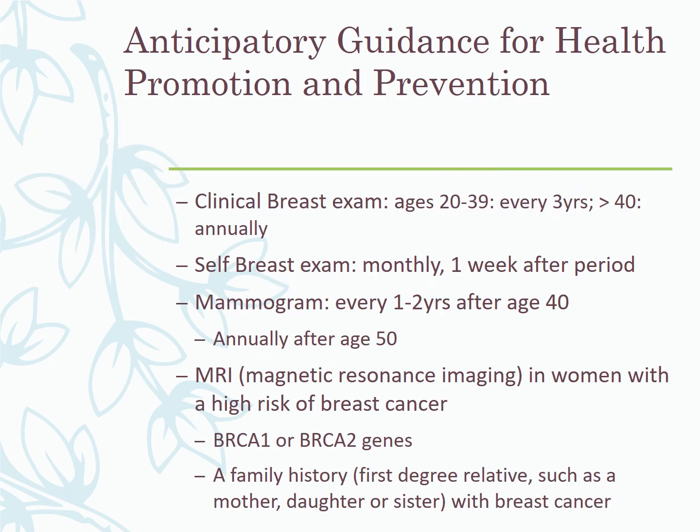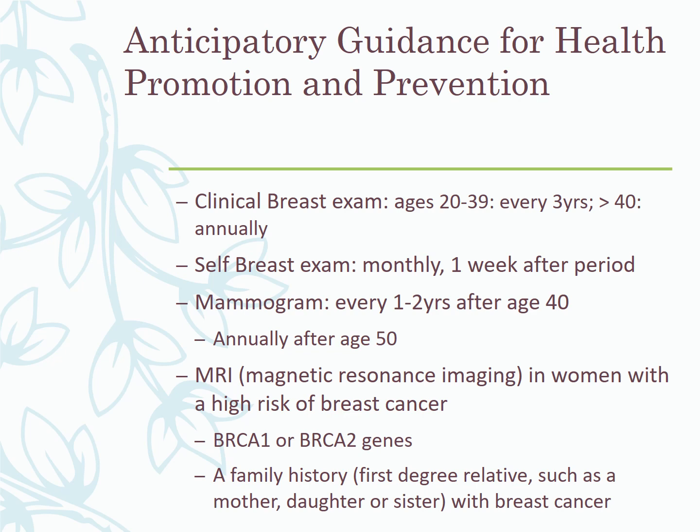Okay, so we want our women to get clinical breast exams at the ages of 20 to 39 every 3 years. Over the age of 40, then we start doing annually. We need to encourage self-breast exams monthly, 1 week after their period. We want mammograms every 1 to 2 years after the age of 40, annually after the age of 50.